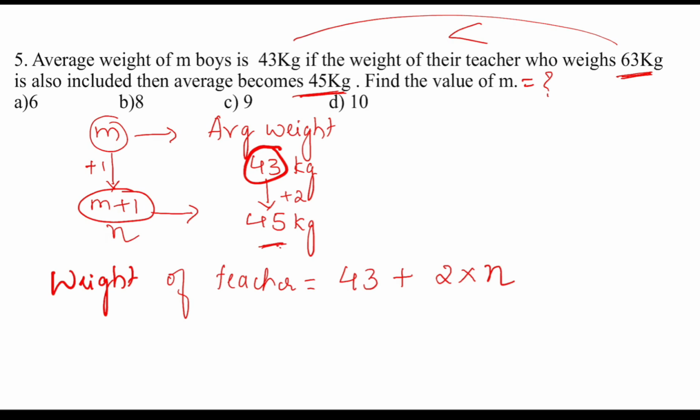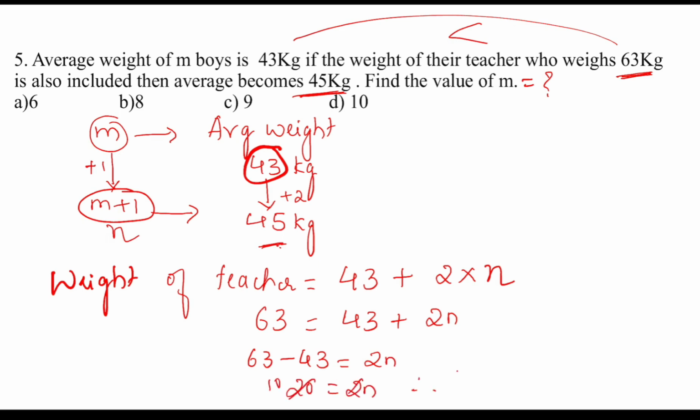Now the weight of the teacher is given as 63, and 43 plus 2n. So 63 minus 43 is equal to 2n. It is 20 equal to 2n. So n is equal to 10.